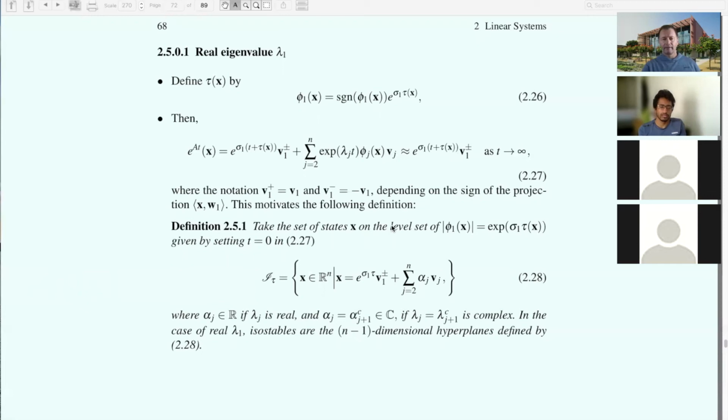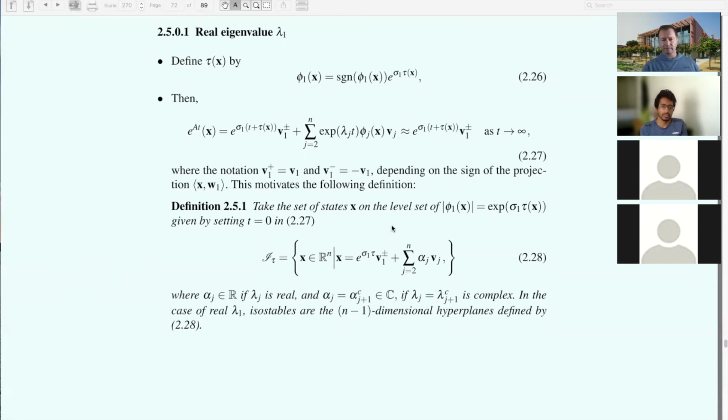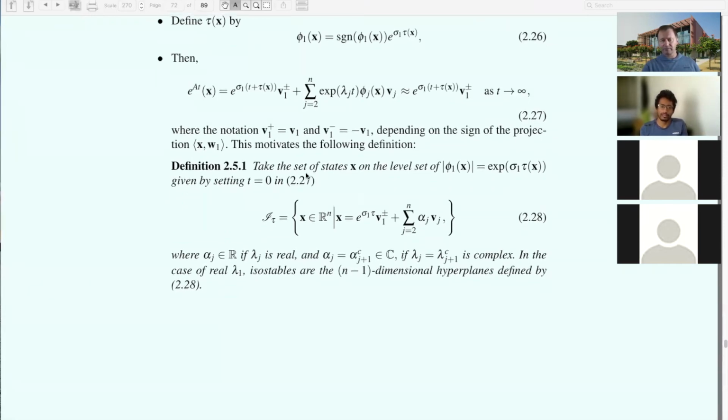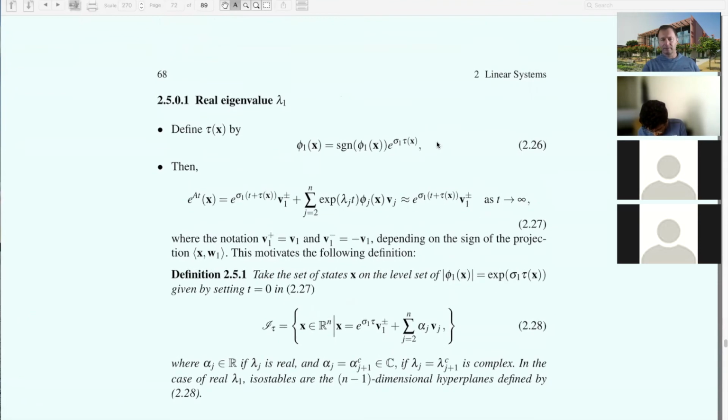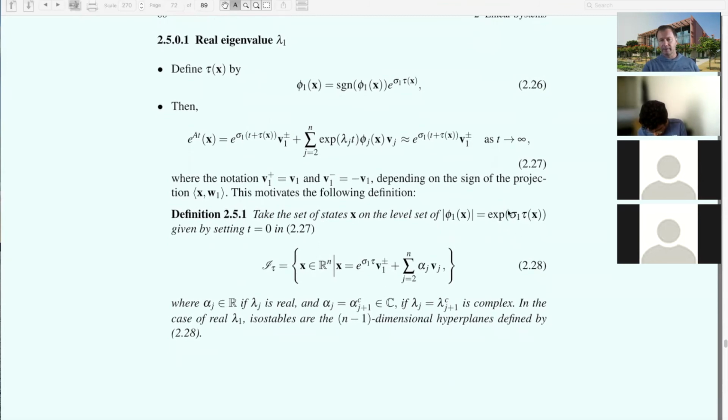All right, so here is the definition. Take the set of states that are on the level set of the absolute value of φ1. So that would be e^(σ1 τ) right there. If you take the absolute value, then the sign disappears and it just becomes positive. And so this is the value that you get.